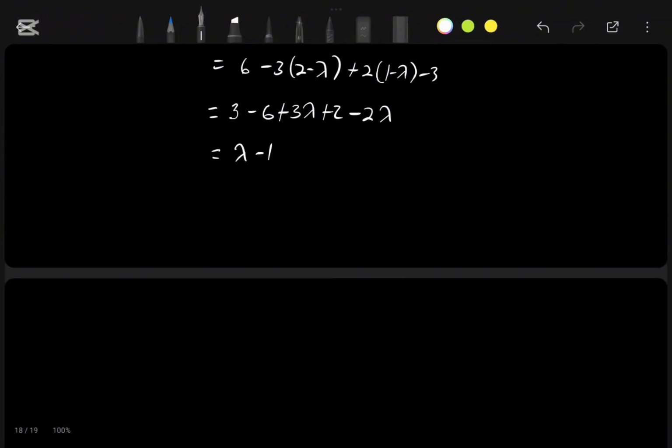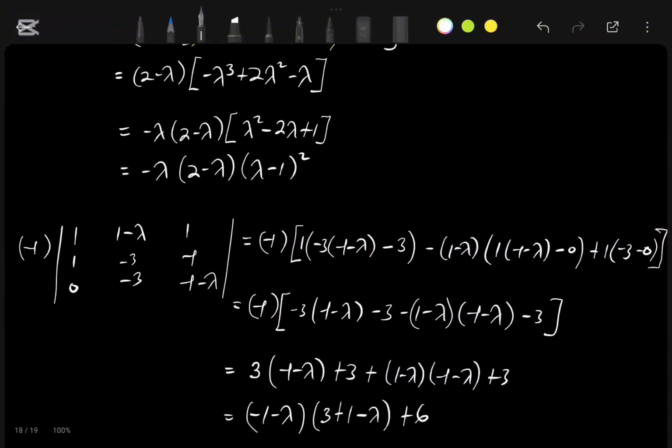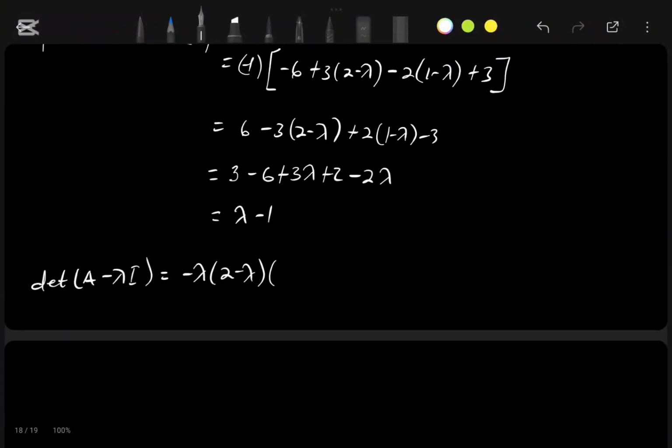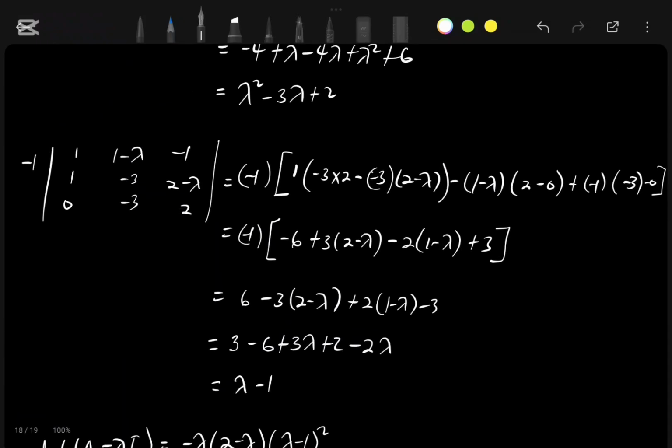Okay, so we combine all the terms. So the determinant of A minus lambda I is equal to minus lambda, 2 minus lambda, minus 1 squared. The next thing we have is lambda squared.